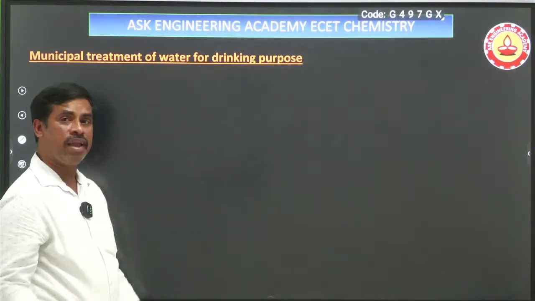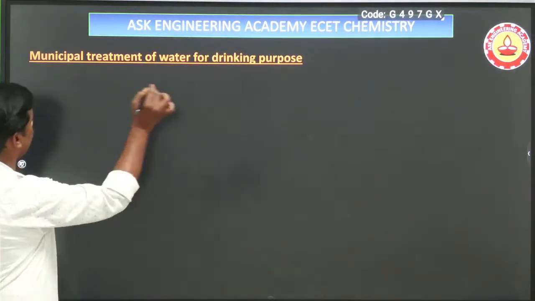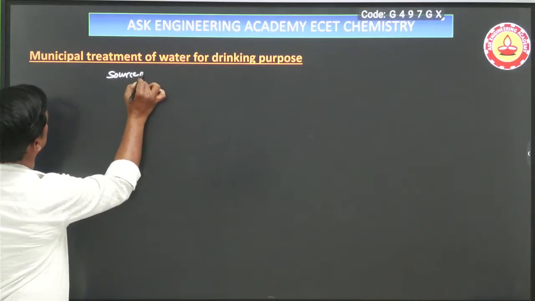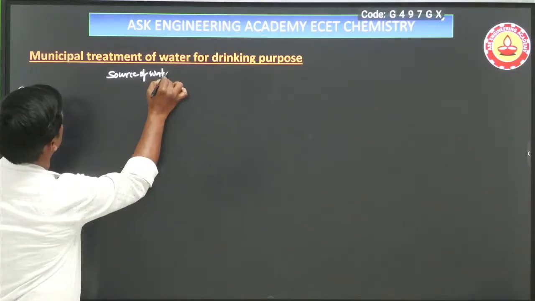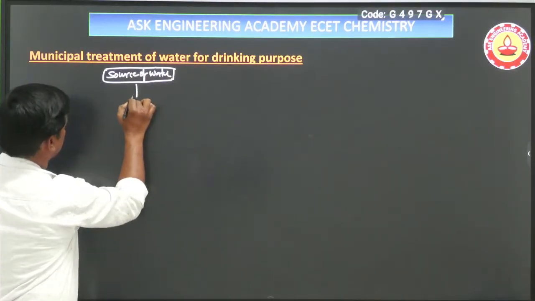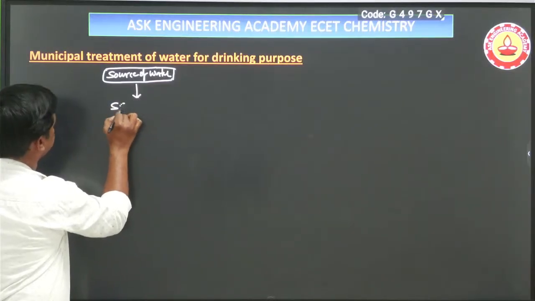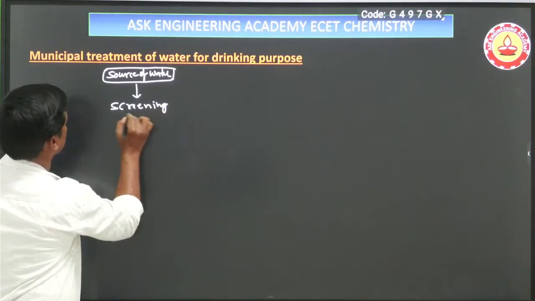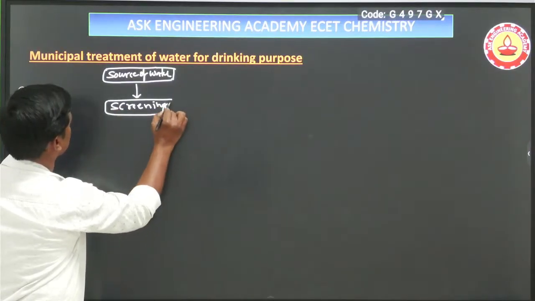Here I am writing like a flow chart. First, we are collecting water from the source of water. This water is passed through the screening process.